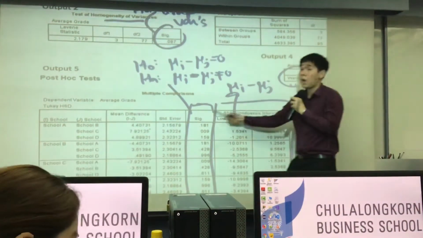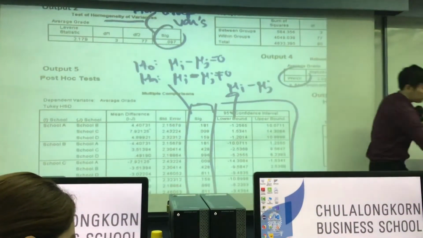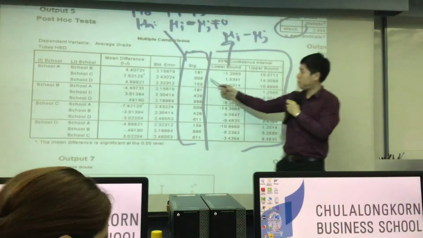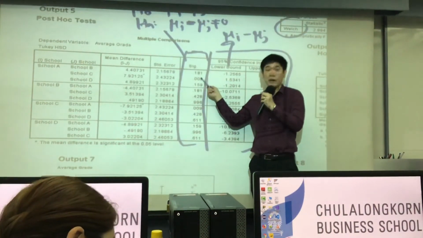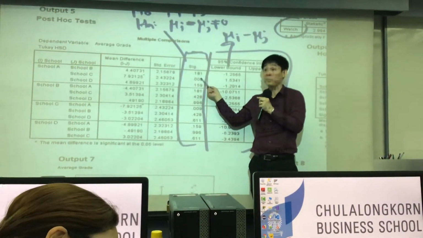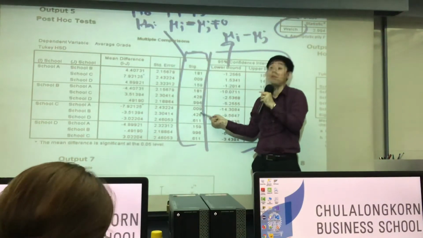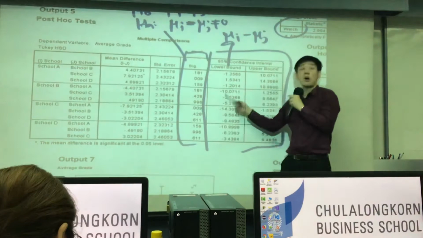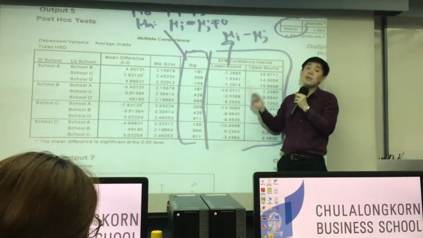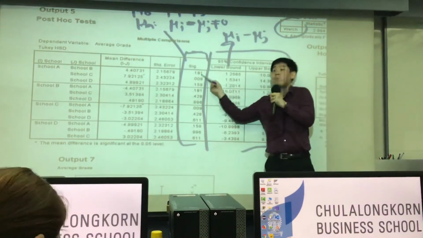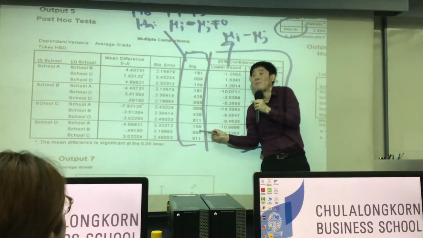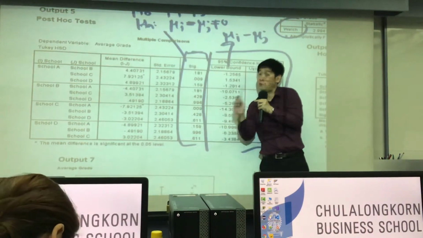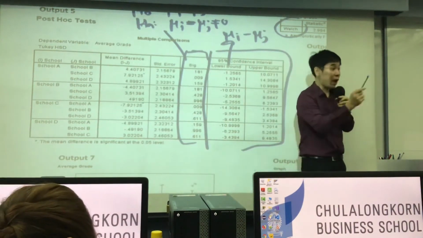Compare all this to 5%. This one is small, so there is some difference among A and C. This one is also small, some difference among A and C. Same result. When you have many pairs to compare, this one becomes easier to look at.